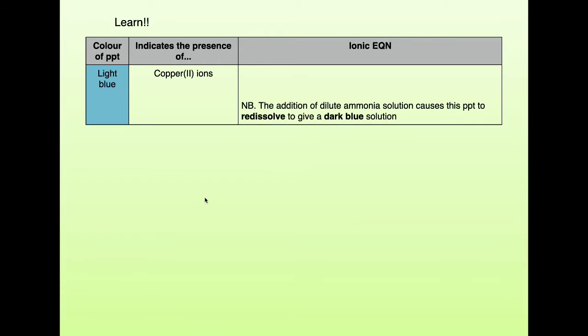So if you get a light blue precipitate, it indicates the presence of copper 2 ions. What does the ionic equation look like? There you go. State symbols here are going to be important, and your solubility rules. There's a further test to see if it was copper 2 ions.